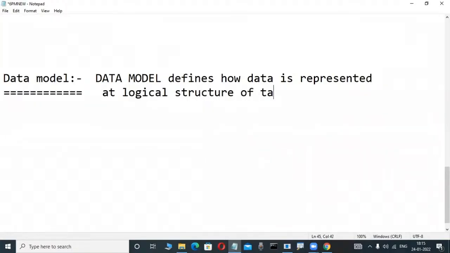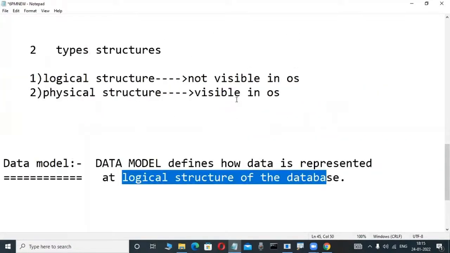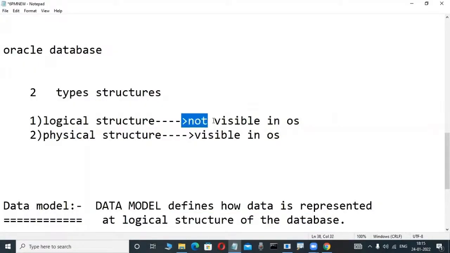How easy a definition. Observe it here: logical structure of the database. And now check it out. What is a logical structure? In previous classes I told that a structure which is not visible in the operating system is called a logical structure. Maybe you are creating a table, which is not visible in the operating system, but is that structure visible in the database or not?